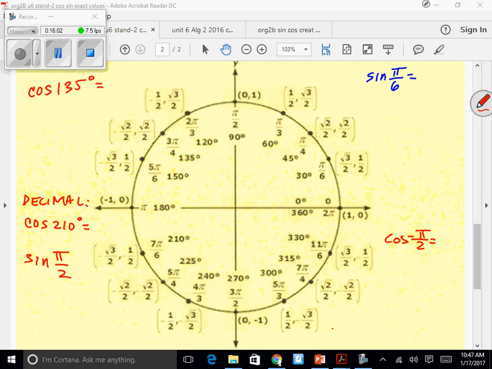Everyone switch your calculator from radians to degree mode. Hit mode, and once you get there, slide it over with your gray arrow to degree. Hit enter. And right now, if you arrow down one, you should have degree as the shaded color.